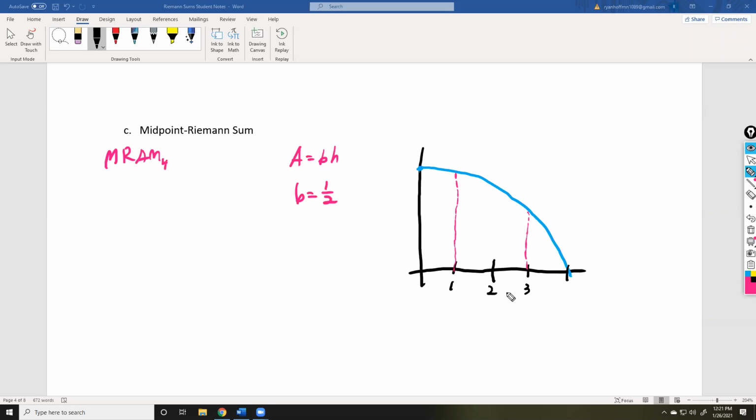So we are still going to go from 1 to 1.5, from 1.5 to 2, from 2 to 2.5, from 2.5 to 3. We're still going to do it that way. The difference is that to get our height, we're going to use the midpoint.